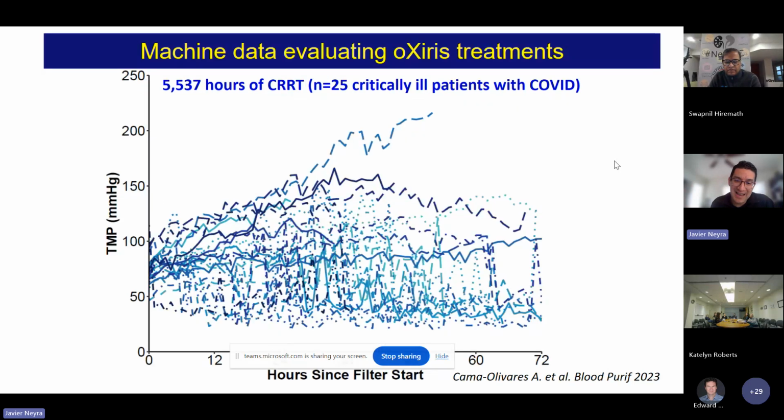Not every patient has an elevation in transmembrane pressure. That means that not in every patient is the filter sticking to solutes that perhaps are important to remove or not. So if you evaluate this at the individual patient level, you can create an enrichment-based phenotype.